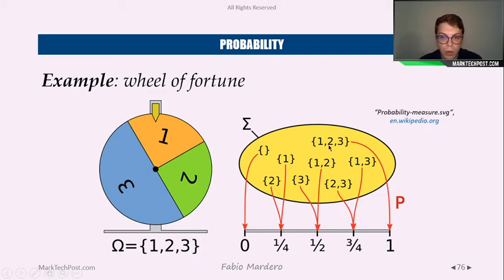To all these subsets, we can associate a probability. For example, here we can see the null set, with no elements. Here we can see omega, that has probability 1. And then we have the other singleton or composite events.